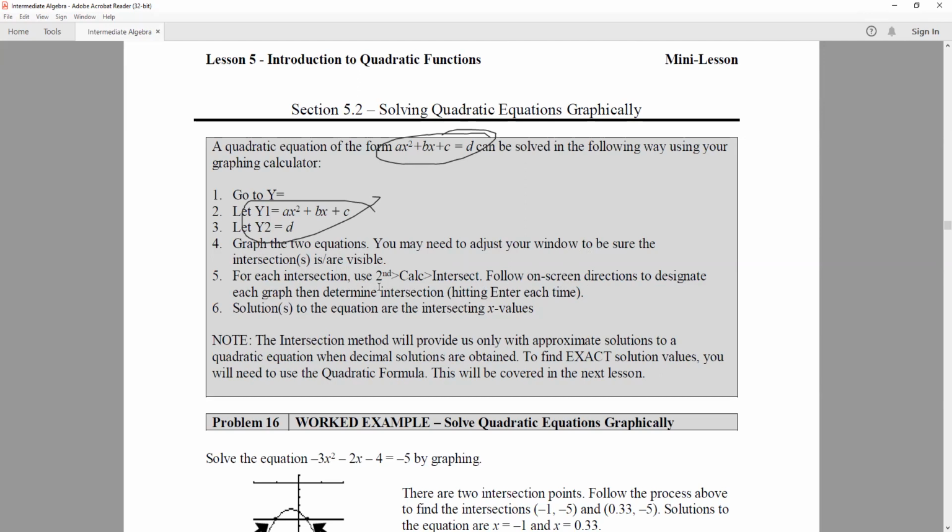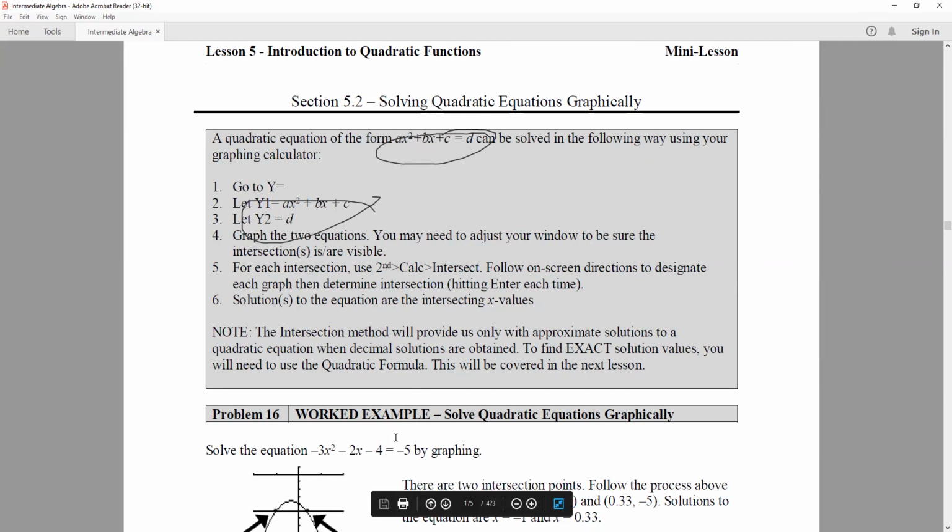Then go back to second calc, intersect, to find the value. It's the same as solving for the horizontal intercept, only there y was equal to 0. So we set y2 equal to 0, always. We did that. All right.